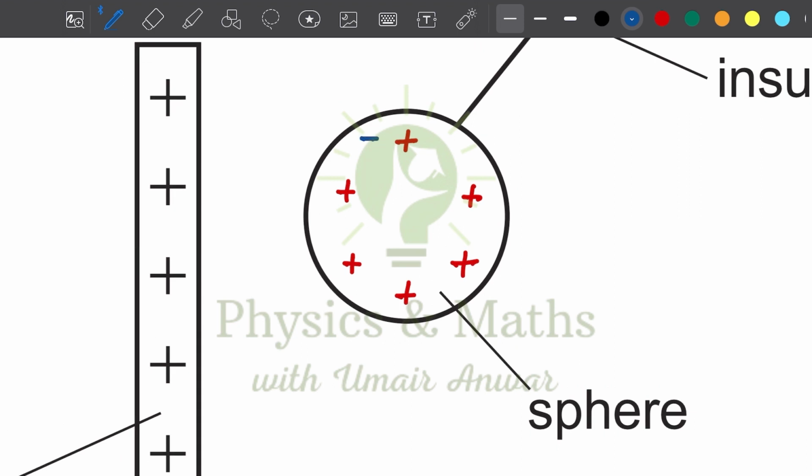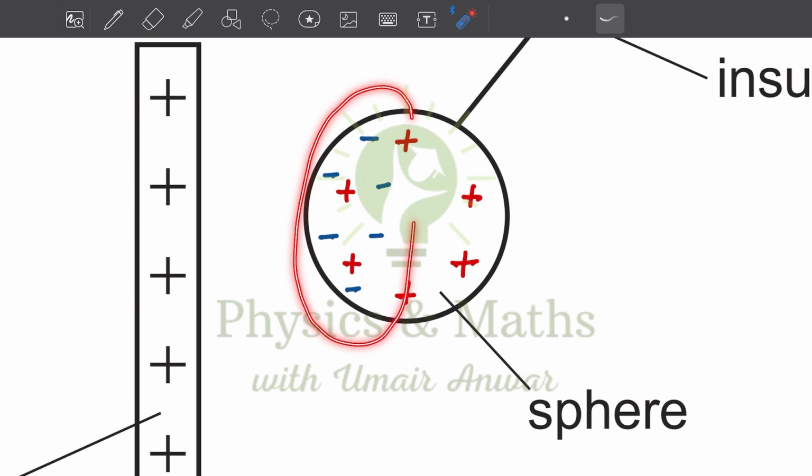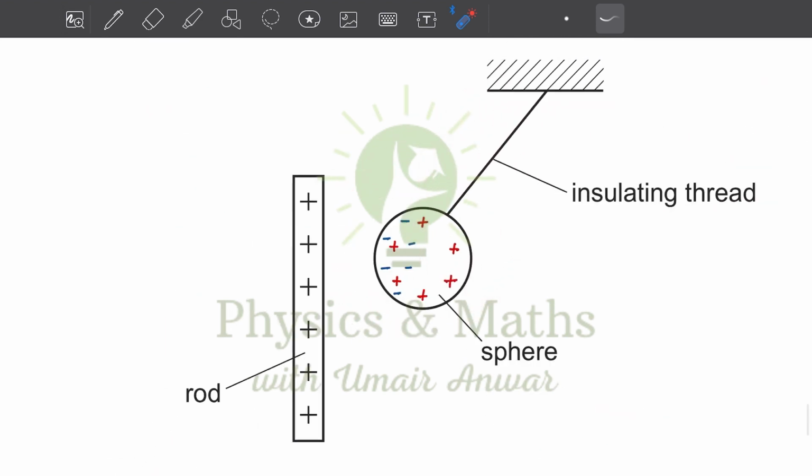But when the positively charged rod is brought near the sphere, there is a buildup of negative charge on the side from which the rod is nearer. So this side of the sphere builds up more negative charges as compared to positive charges, and this side of the sphere has a deficiency of electrons, so a positive charge dominates here.